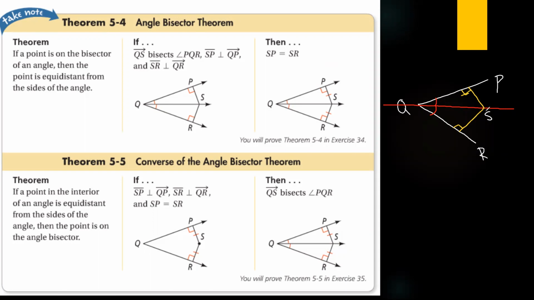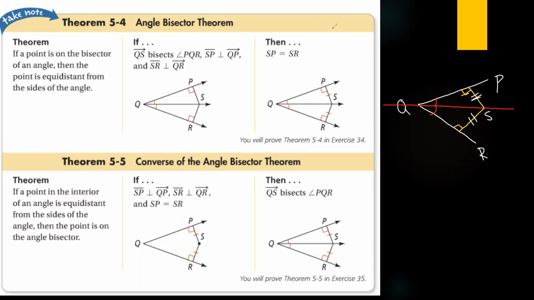And from the point S, I draw a line perpendicular to QP, and a line perpendicular to QR. If they are perpendicular, I can conclude that SP is equal to this line.